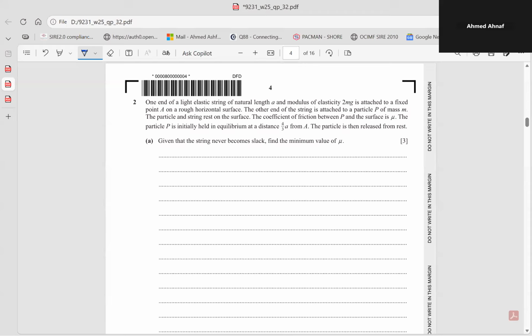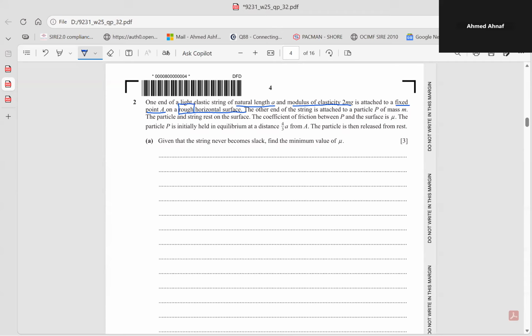Okay, so for this question, we're told that one end of a light elastic string of natural length a, modulus of elasticity 2mg, is attached to a fixed point A on a rough horizontal surface. The keyword here is rough, so that means there's friction involved.